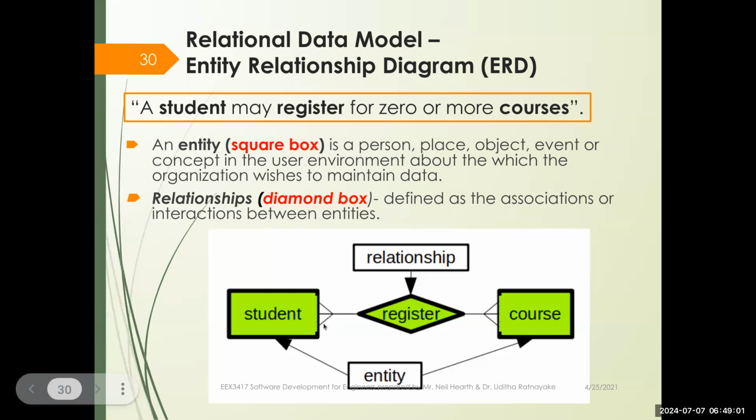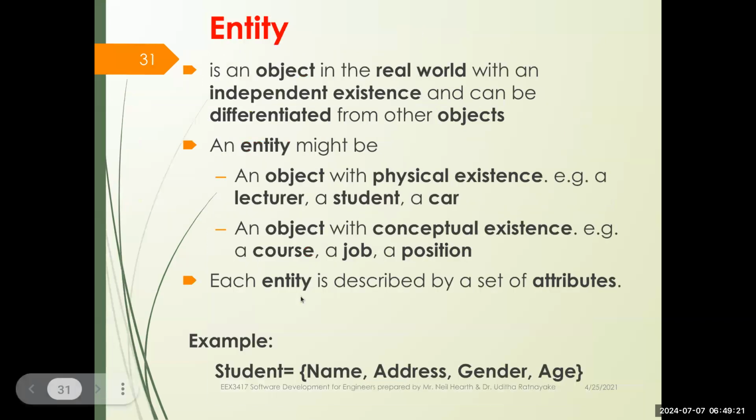That means this is like a foot of a crow. There are three lines here. This student to course relationship is many to many. I will explain what is many to many.